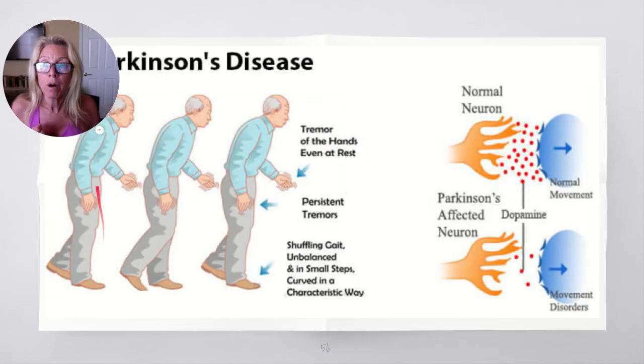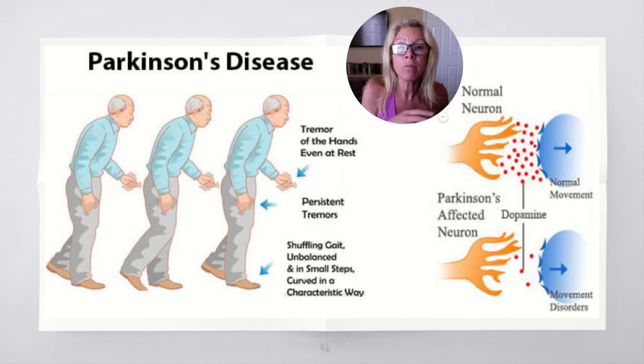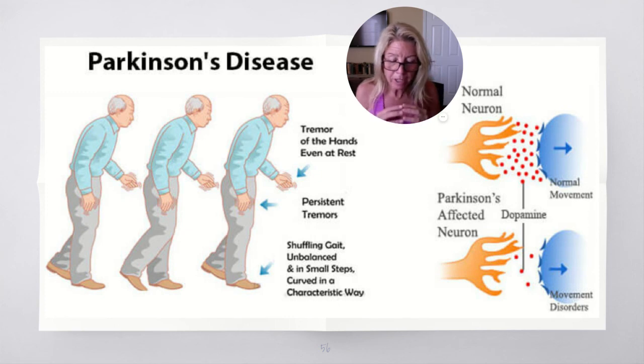Parkinson's disease. Parkinson's disease is often associated with tremors. Normally, you need dopamine for normal neuron function, and they are not making that anymore. So those messages are not good, and you see those tremors. Parkinson's disease is a gradual loss of motor control.